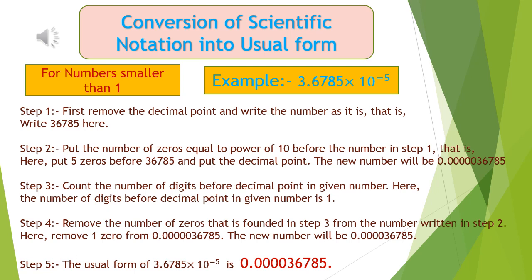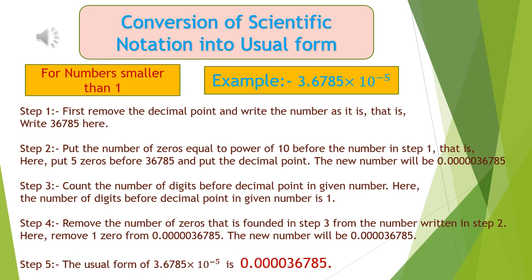Now, step number 4. Remove the number of zeros that is found in step number 3. How many digits are there? Only one digit we have found. So it means we will remove only one zero from the number that is given in step number 2. So we will remove only one zero before this number.